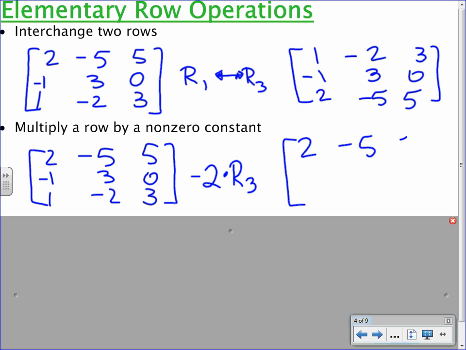Which means rows 1 and 2 would stay the same, and my third row would now be -2, 4, -6. So it is legal to multiply by a non-zero constant, not multiply by 0.